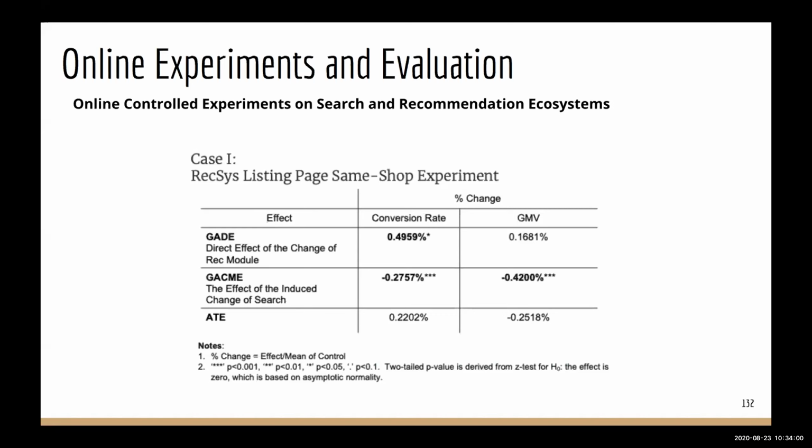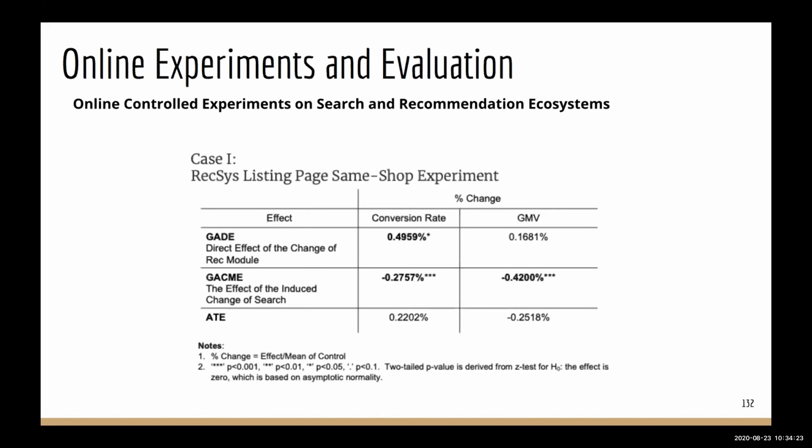Now, by applying the tool we just mentioned, you get the generalized ADE and generalized ACME, which is really the contribution of the recommendation module and the search result page. That is, the direct contribution of the recommendation module, and the induced change of the search result page, with regard to the conversion rate and the GMV.